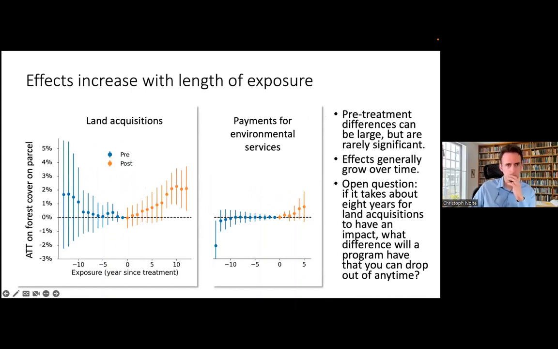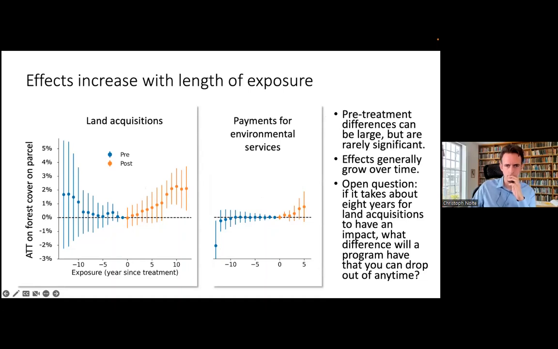And the method proposed by Callaway and Sant'Anna also allows us to see the evolution of these average treatment effects with length of exposure. So you can see in the blue pre-treatment effects, which should be 0 if we do our matching correctly, and the post-treatment effects.